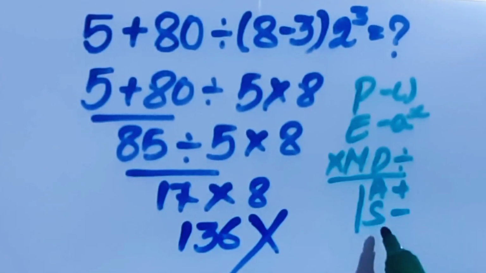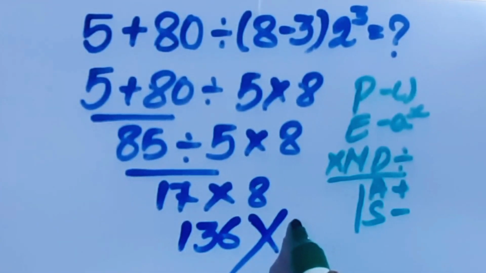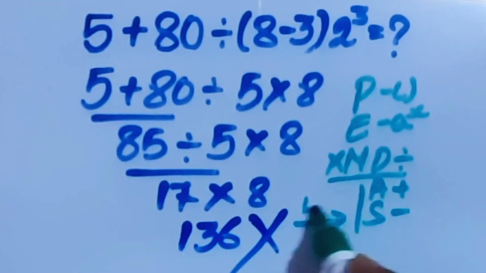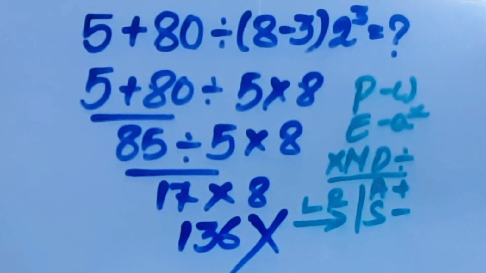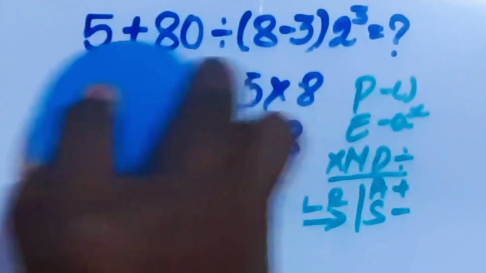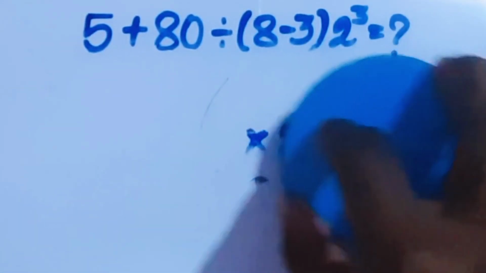Also addition and subtraction are equal priority. For these we have to follow the left to right rule in the problem. Now we are going to solve this problem the correct way by using the order of operations, PEMDAS.